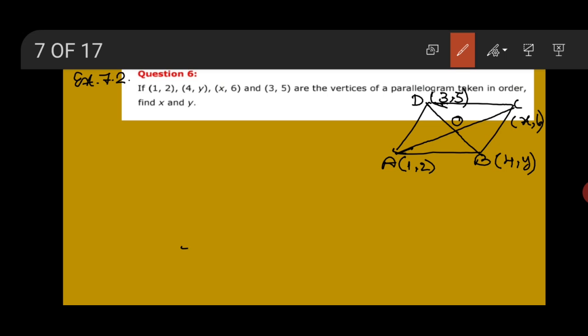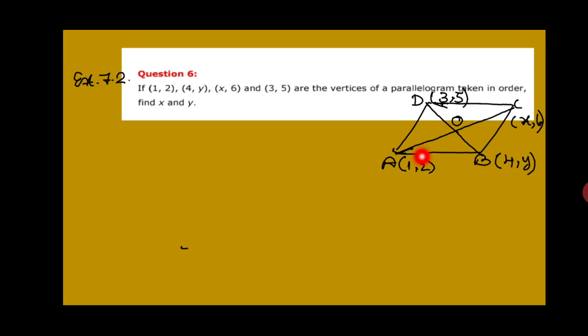O is the midpoint of AC. Therefore we can apply the midpoint formula here. The coordinates of point O are given by half of AC, right? Similarly, O is the midpoint of BD, therefore we can use again the midpoint formula, right?